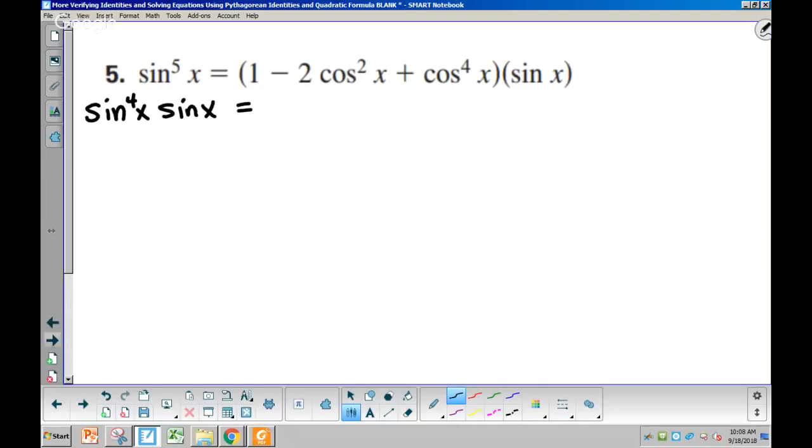Now what could I do? Yep, Taylor. You can make the sine to the 4th x 1 minus cosine squared x. Can we? You're right. You're absolutely right. Can we have a step right before that? What did you do in your mind, which was right? Can I change it to sine squared first, and then make that step? Yes.